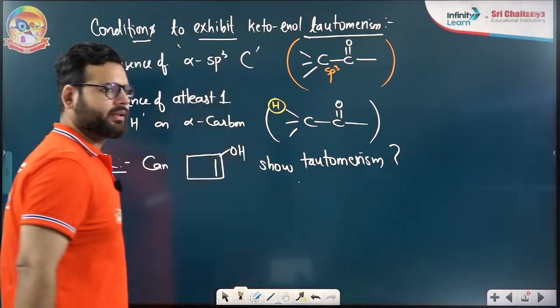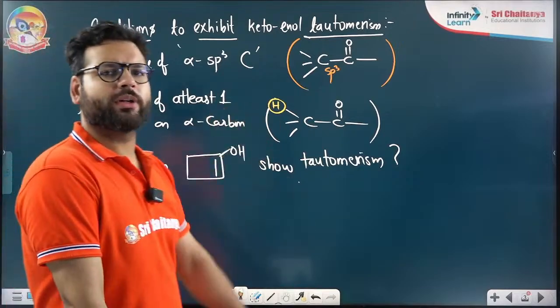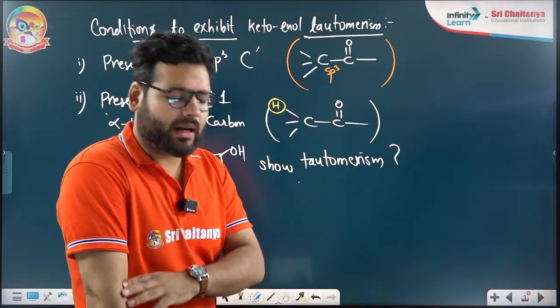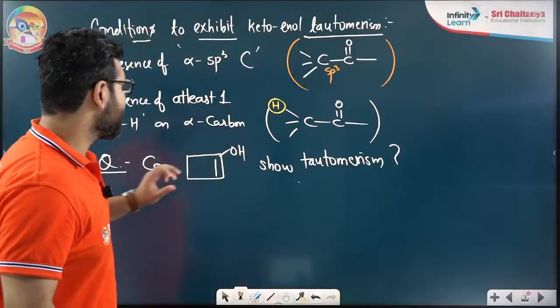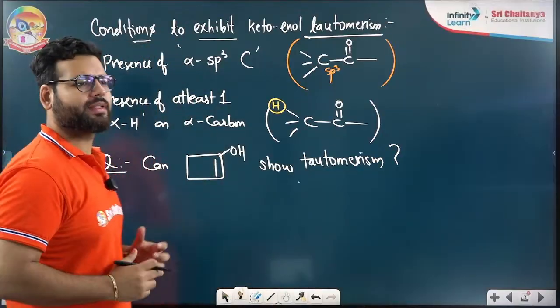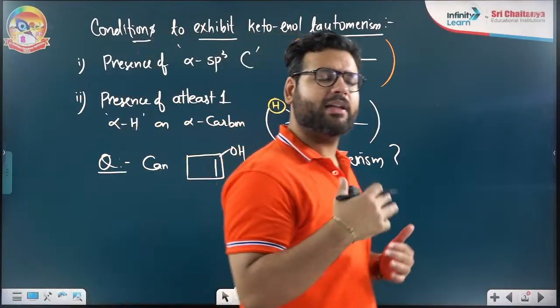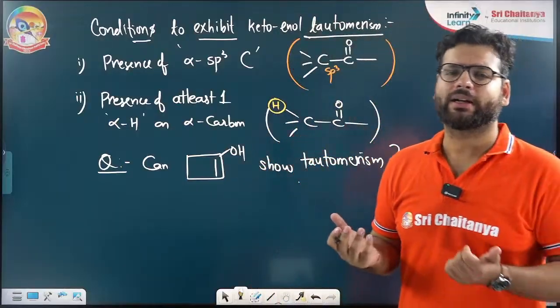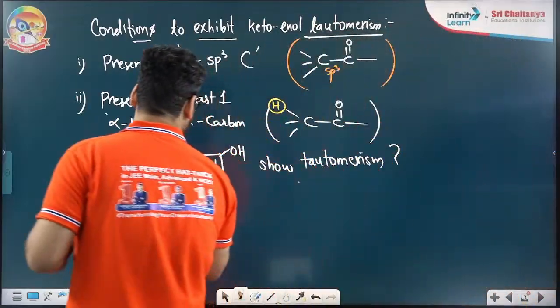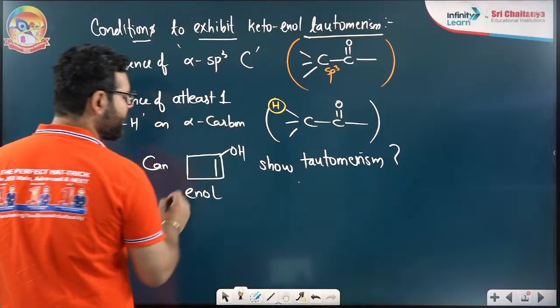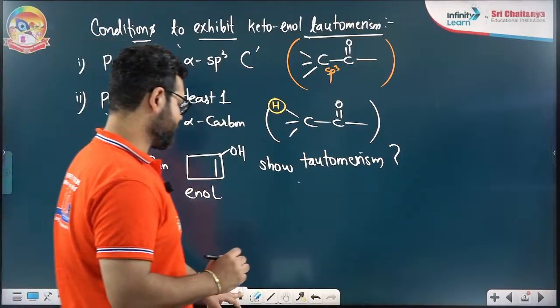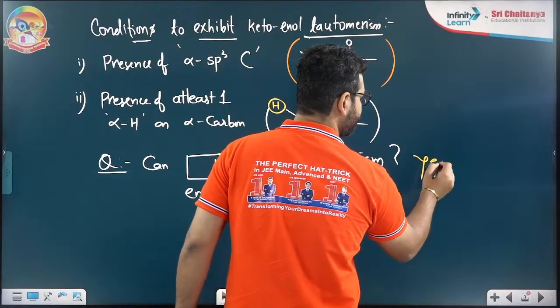The answer is yes. What is this? It's an enol. Whenever you have a C double bond C, and that carbon is carrying the OH group, that is an enol. So if keto can become enol, then obviously enol can become keto. So the answer is yes.